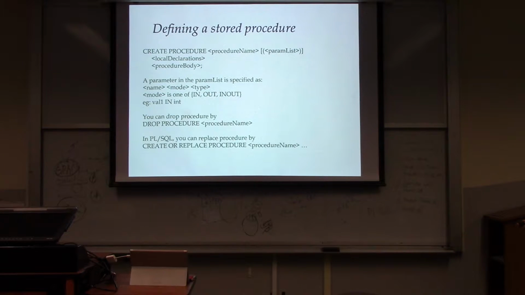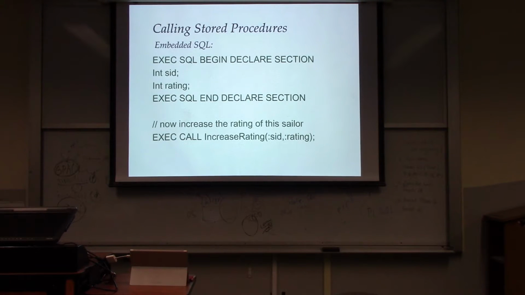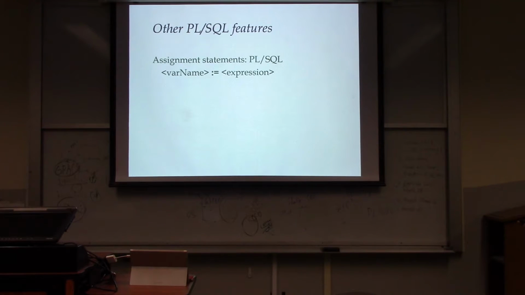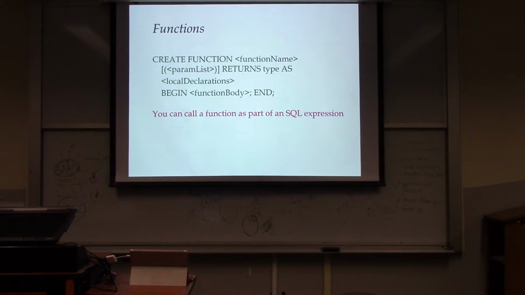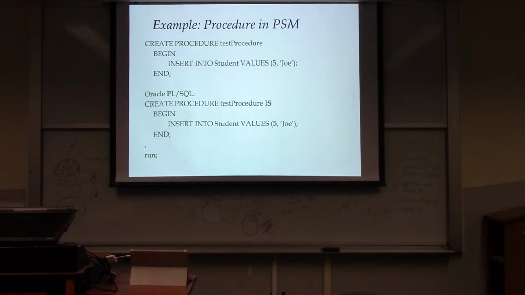One is the procedure, which is without output, and the function. Where is the function? Yes. A function has output, a return value, a return type. That's the only difference between the procedure and the function. Okay.